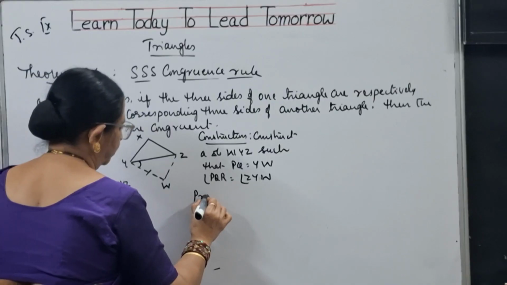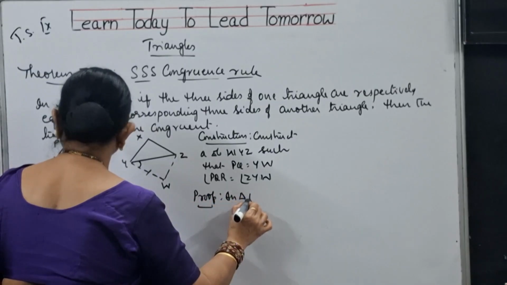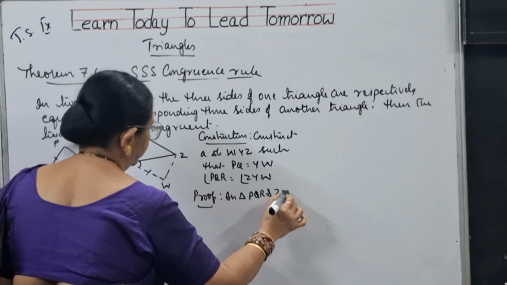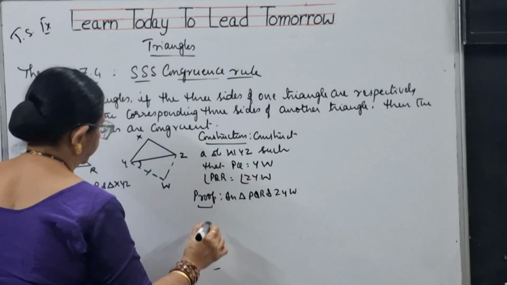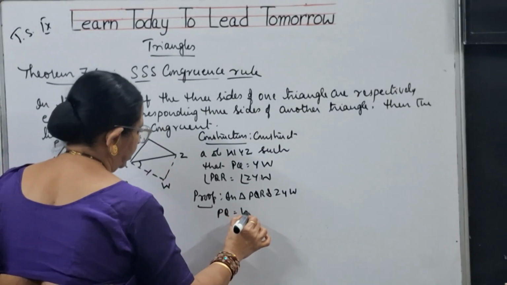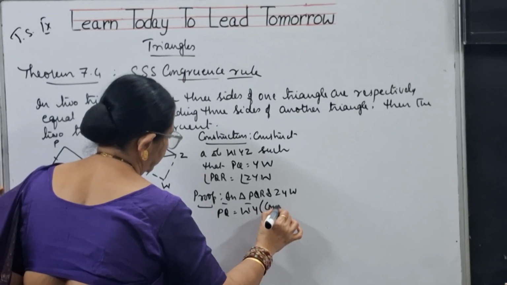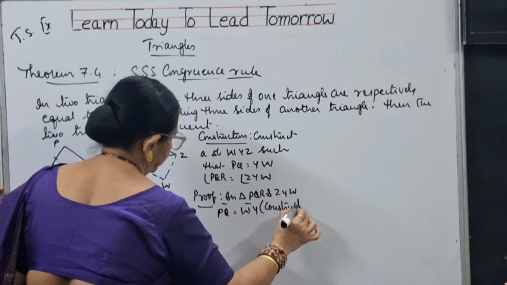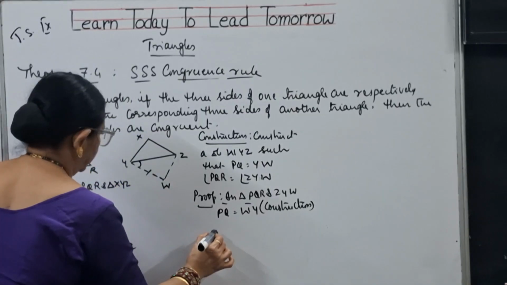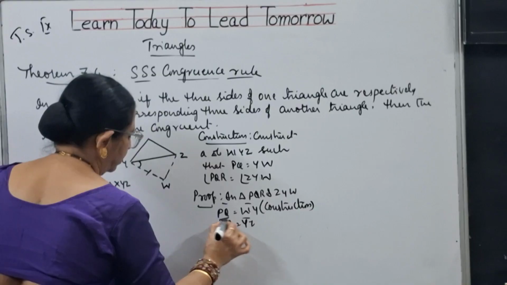Now prove. In triangle PQR and ZYW, PQ is equal to WY. It is our construction, and QR is equal to YZ.